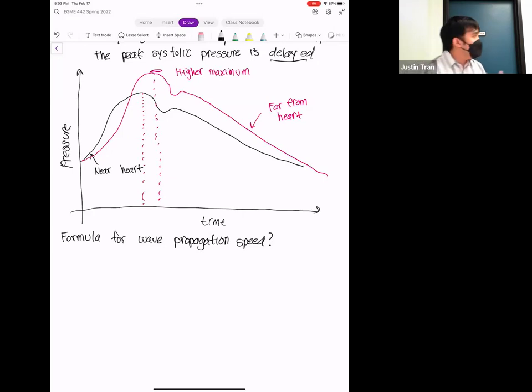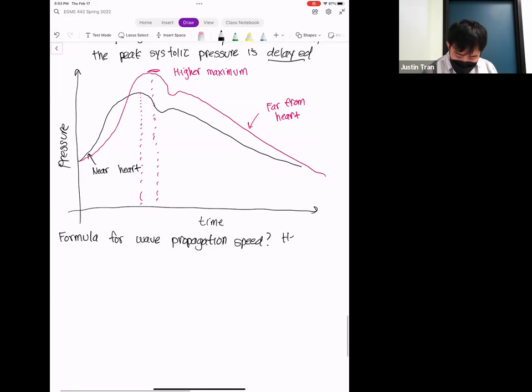But we can come up with a very simple one for a simplified model. Okay. If you use this formula, it's not going to get you exactly the right speed for any given person, but it gets you in the right ballpark, and it has a lot of the right properties that we like to see.